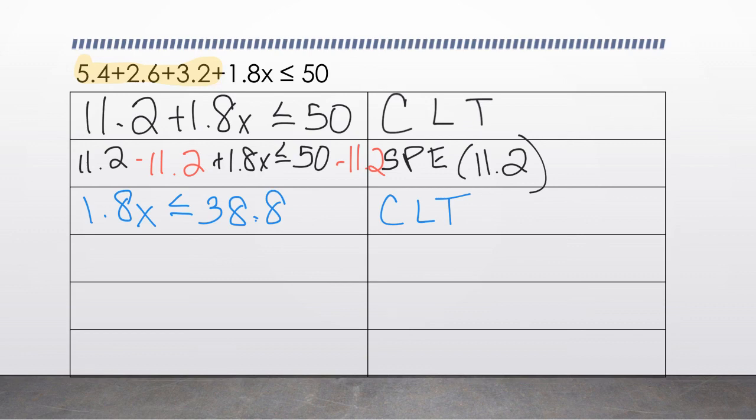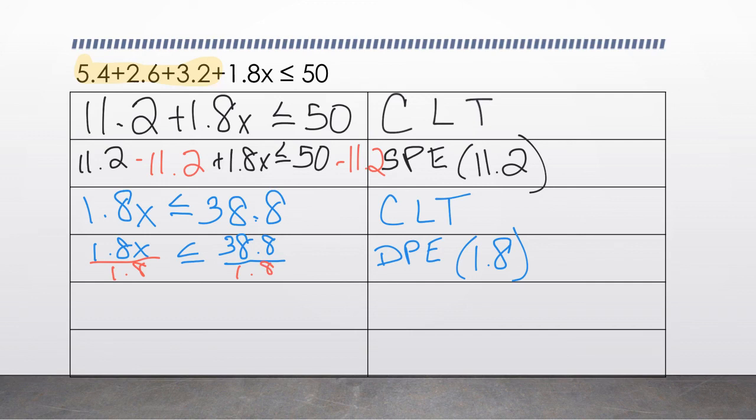Okay, so the next thing I'm going to do is I'm going to use my division property of equality. I'm going to divide both sides by 1.8. Remember, I'm treating this just like an equation. So I've got 1.8x divided by 1.8 must be less than or equal to 38.8 divided by 1.8.